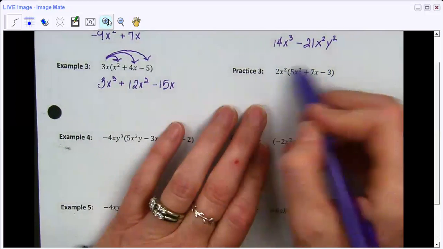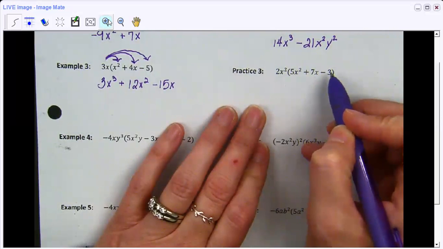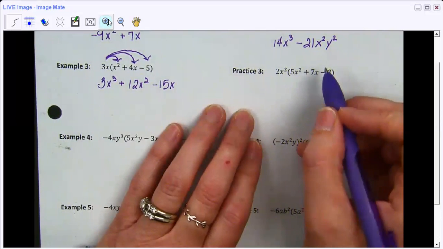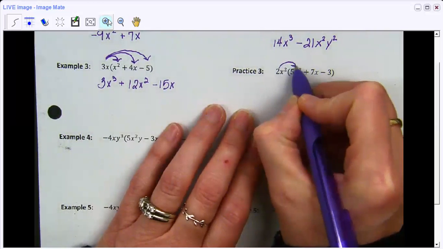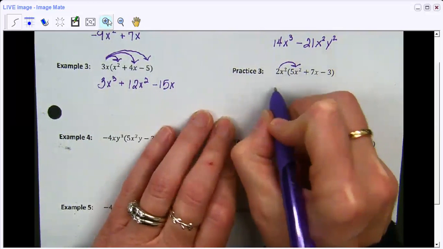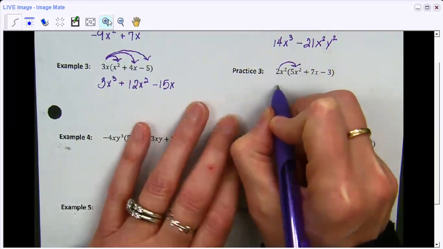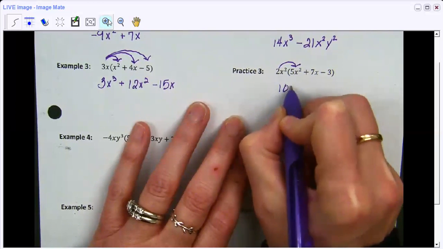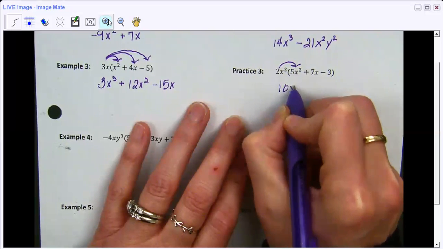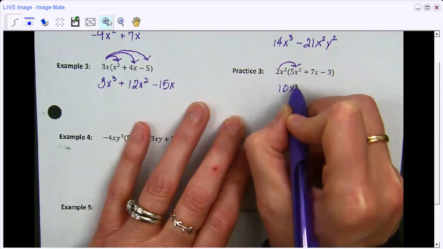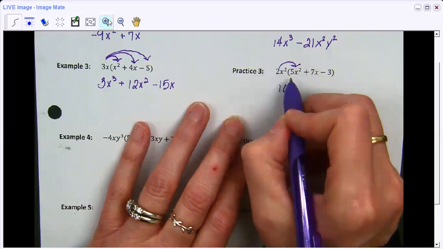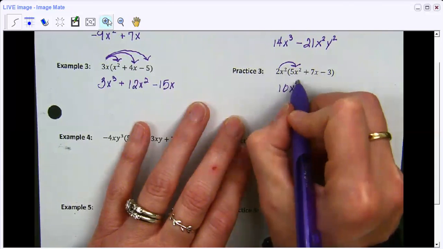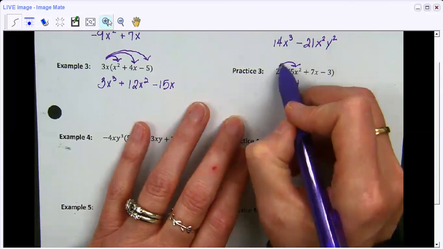Okay, so you should be done with practice 3. Anyone still working on practice 3? Wait, I am. Can I try it? Go ahead. 10x6. How'd you get 6? 2 plus 2, oh, 4. I added all. Okay, 4, all right, 10x4.